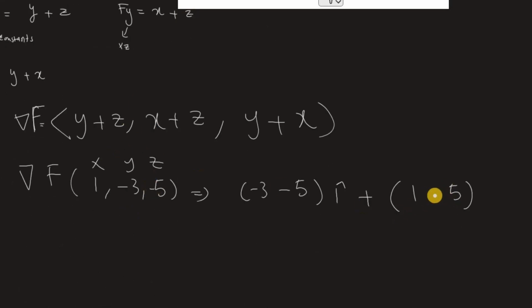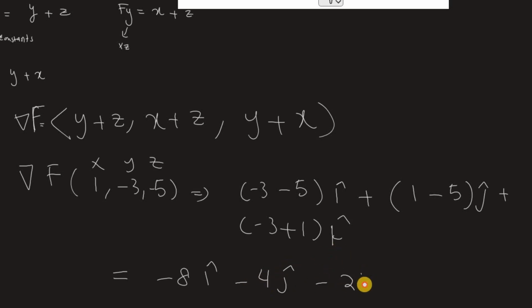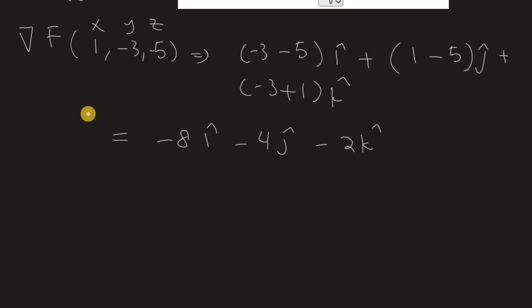So then it's going to be 1 - 5 j hat plus y plus x, so this is y plus x k hat. Okay, now this should give you -8 i hat, -4 j hat, -2 k hat. Okay, after evaluating at the given point.